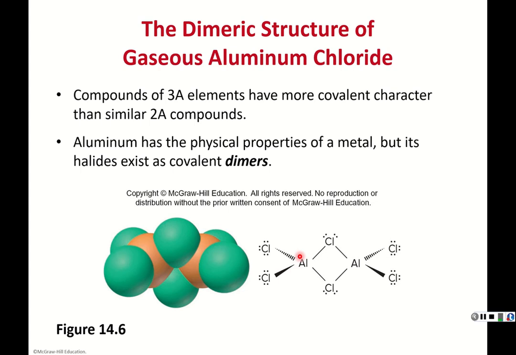So aluminum can form these sort of strange covalent dimers with chlorine here, right? And that's a little bit strange too, because aluminum, we kind of think of as a metal, right? It has the physical properties of a metal, but these halides exist as covalent dimers, so it can actually form covalent bonds, which is unique.